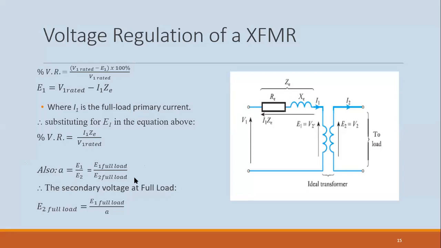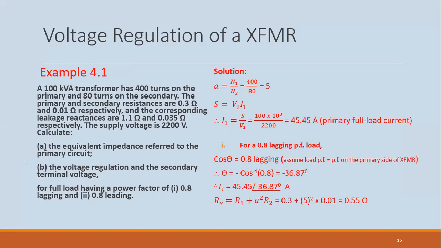Since we need to compare to the secondary voltage, we can write the secondary induced EMF as E1 divided by the turns ratio. Don't get too bogged down with this yet. We're going to give an example right now, and that will show you how we apply it.